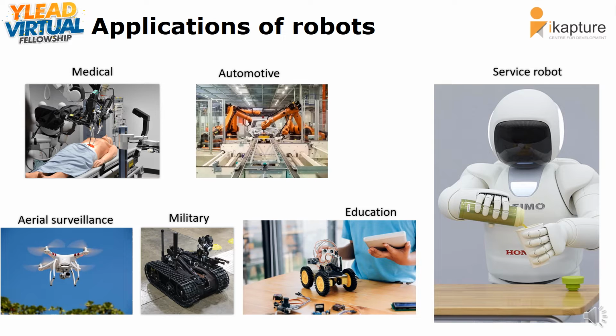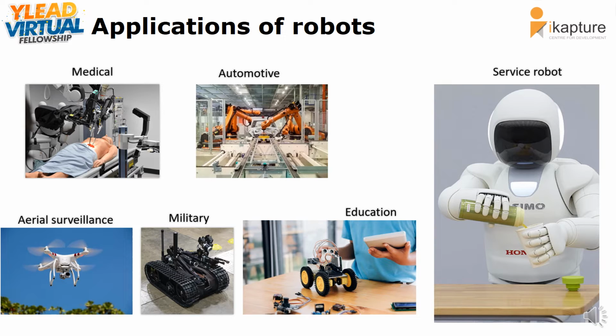The second application of robots is manufacturing cars, airplanes, ships, and whatnot. This is where robotics is used in the application of automotive devices. You can also use robots to create aerial surveillance equipment like drones.